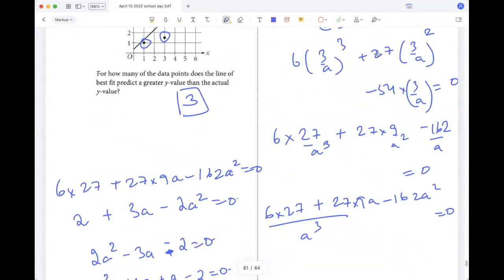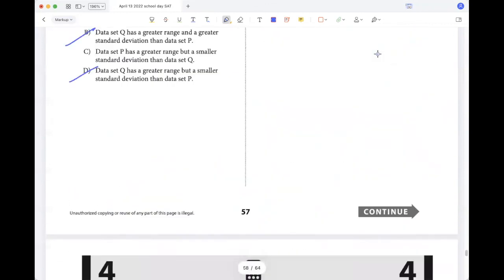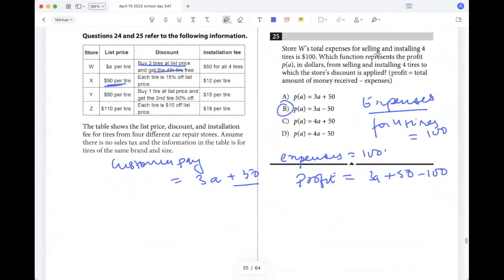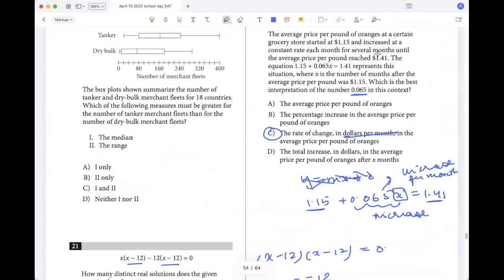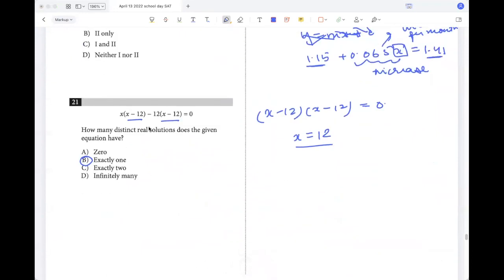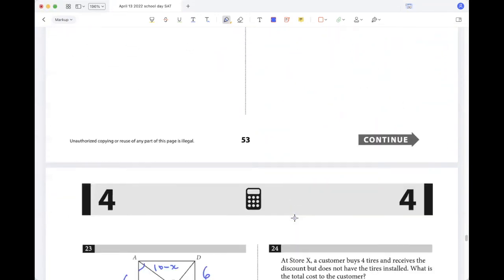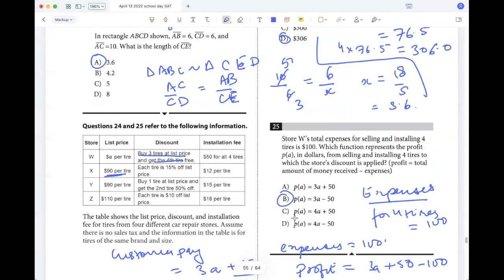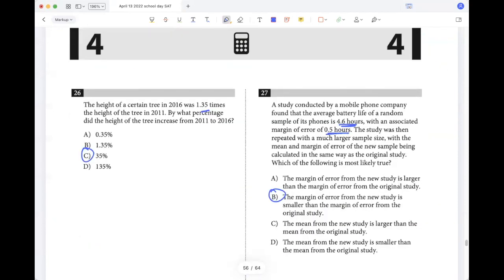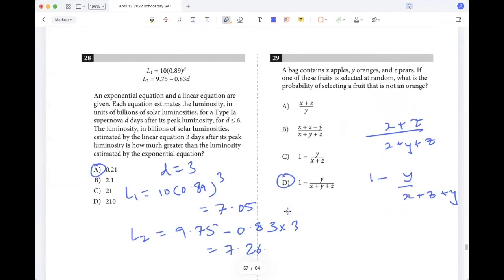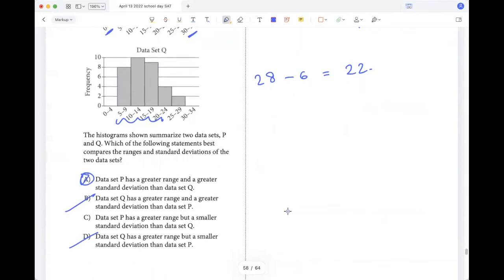Okay, so let's grade it from 21. 21, BCADB. 26, CBADA.